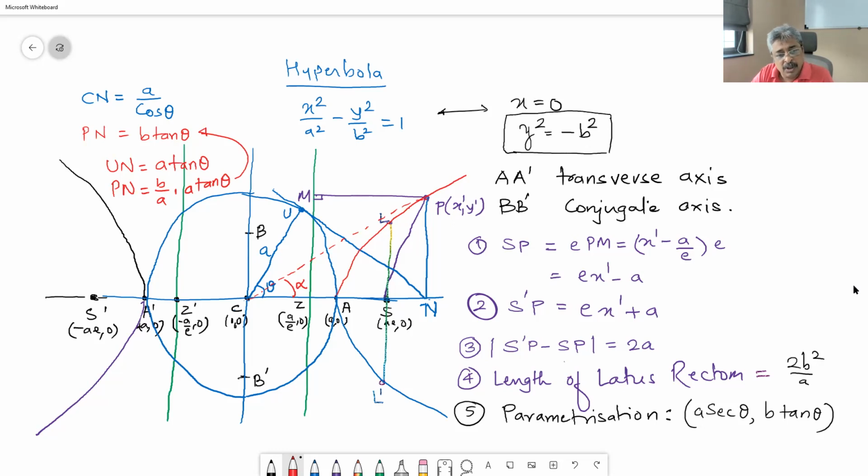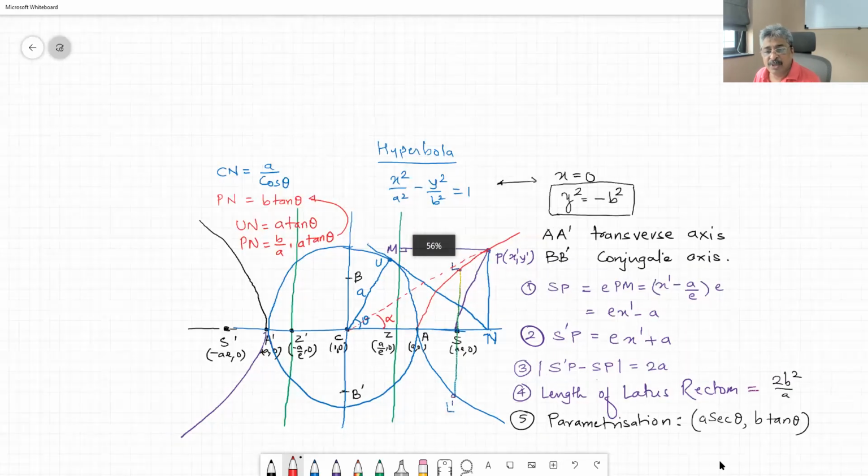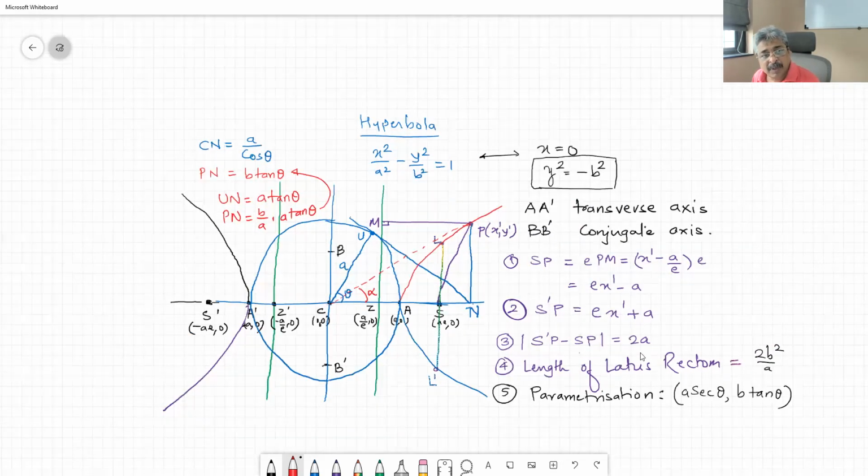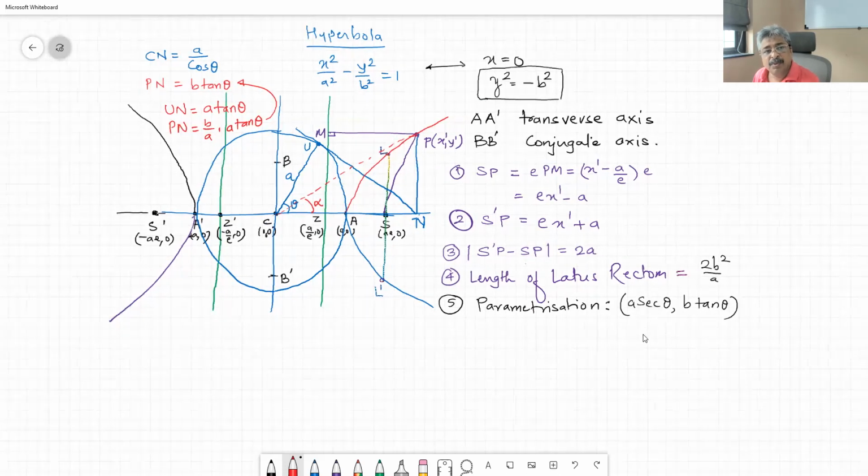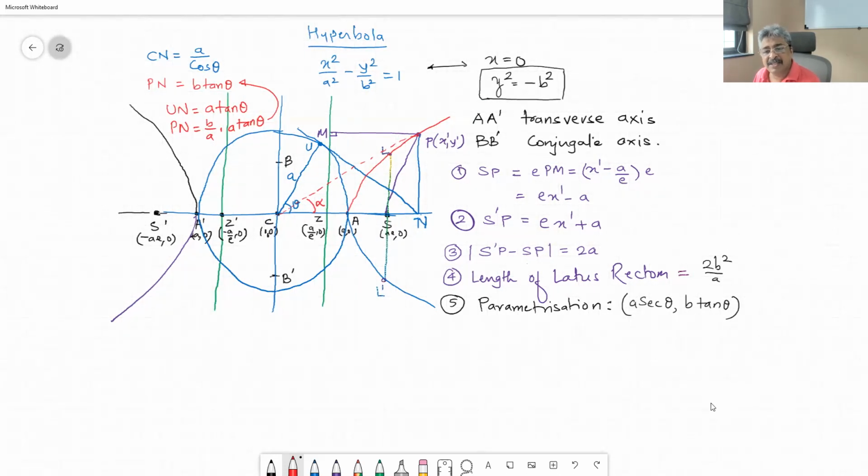So this is the parameterization. You can actually do A cosec theta and B cot theta also, but things are not that easy if we do that kind of parameterization. You will find that A sec theta, B tan theta seems to be working.